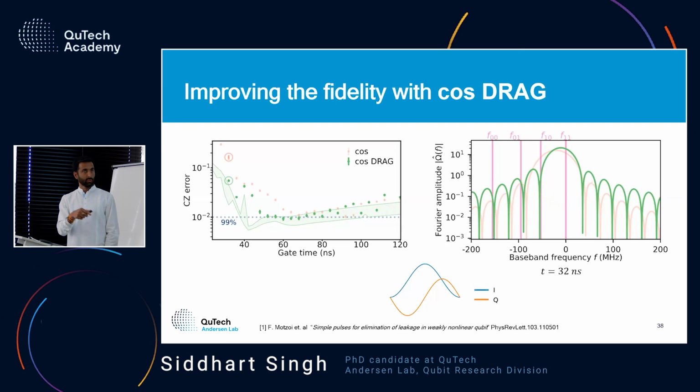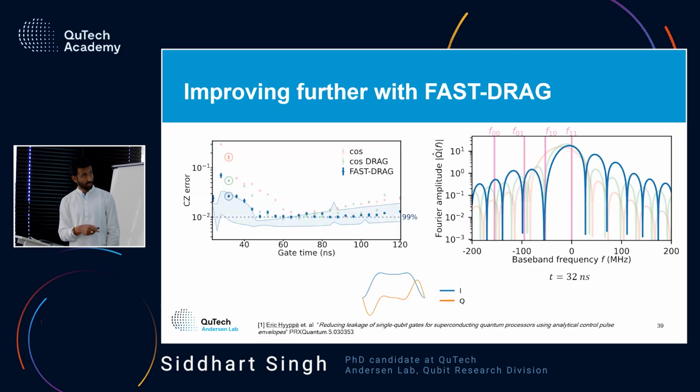And we were looking into how we can improve the performance from here. And this is where FAST track comes in. This was a technique demonstrated previously on single qubit gates, and we wanted to test it on 2-qubit gates. What this does is it shapes the pulse using a Fourier series sum, both for I and Q. And you can see we were able to broaden the window of suppression for F10 here.